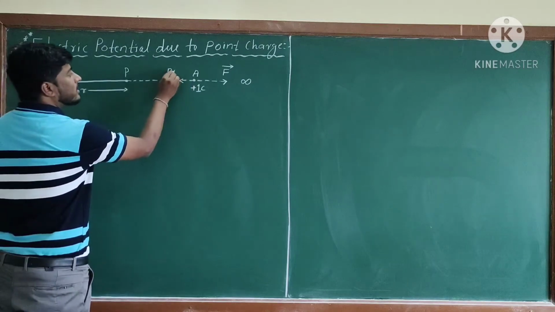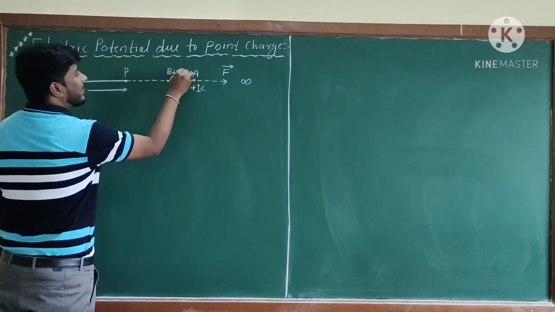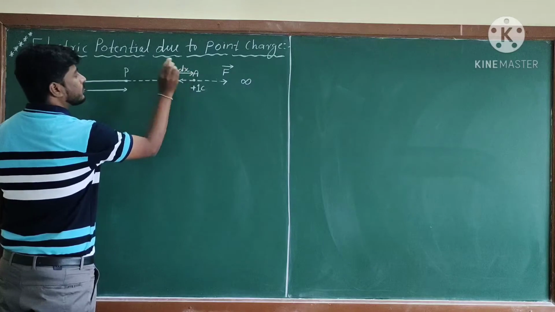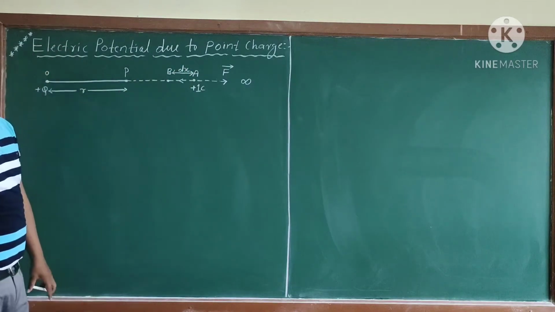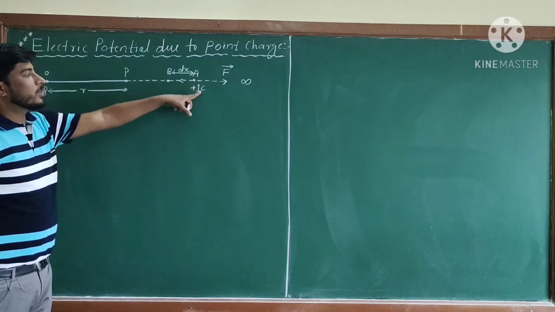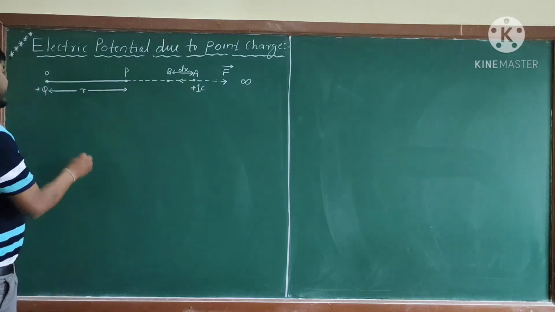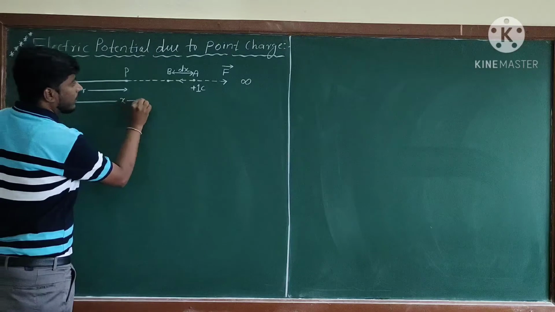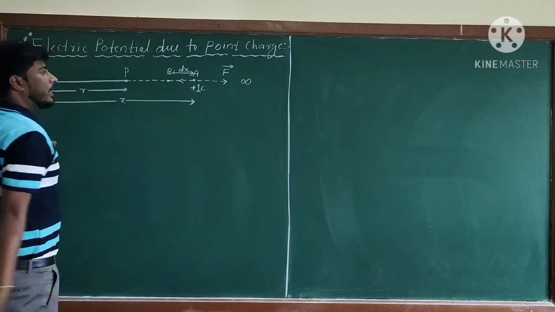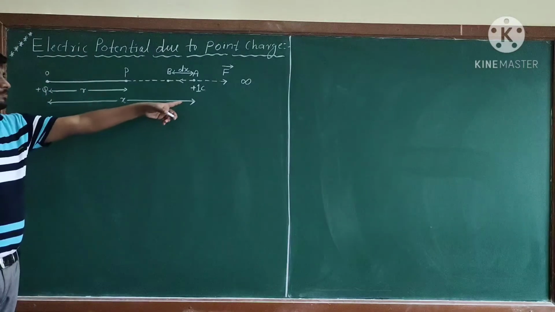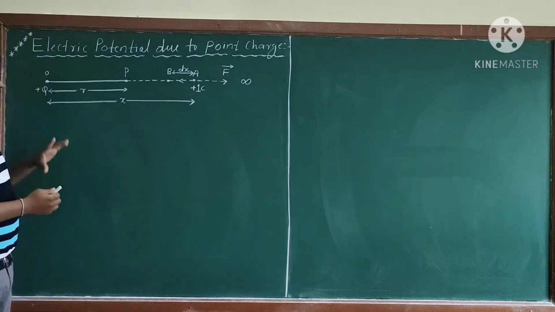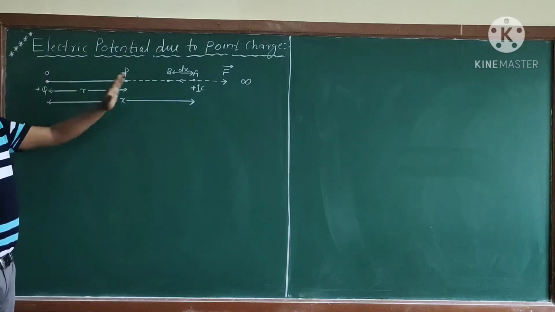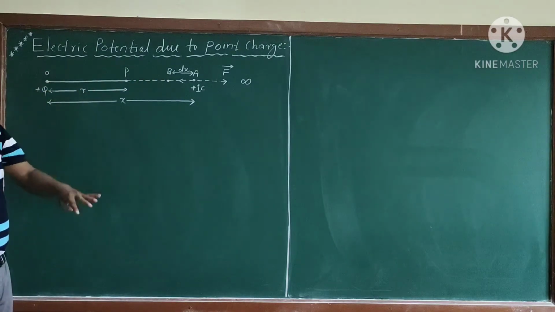To the small distance dx. Let this plus 1 Coulomb charge be placed at a distance x from the origin. So this is the diagram for the electric potential due to the point charge.